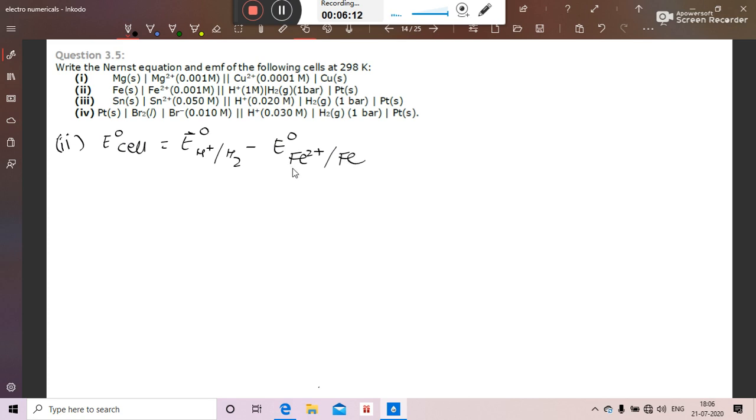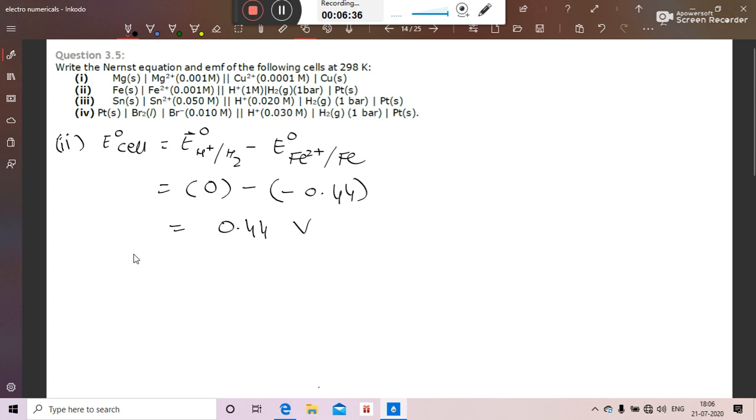Always in reduction potential, first the cation is written, then the neutral atom. Now for hydrogen it is 0 and the reduction potential of iron is minus 0.44. So minus minus will be plus, and we get 0.44 volt.